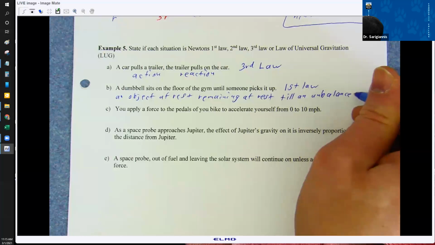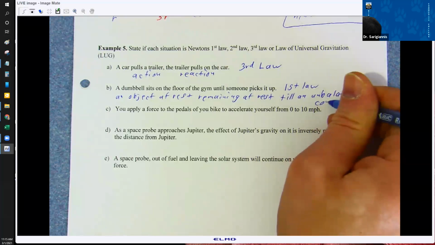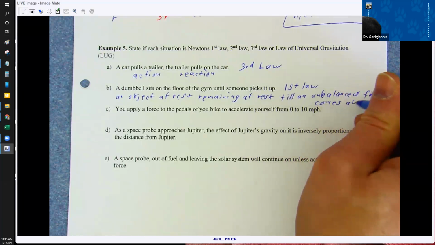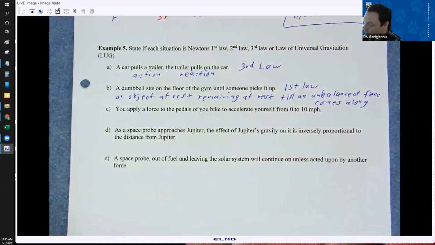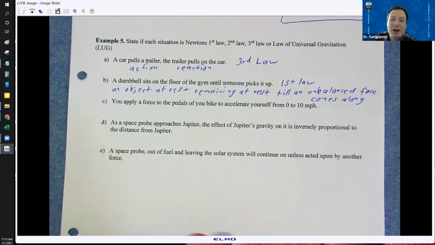So I need more room here. Force comes along. That person's exerting a force on that dumbbell to get it into motion. So this is the first law. It's inertia, right? The dumbbell is sitting on the floor of the gym. The object at rest is remaining at rest unless an unbalanced force comes along. All right.